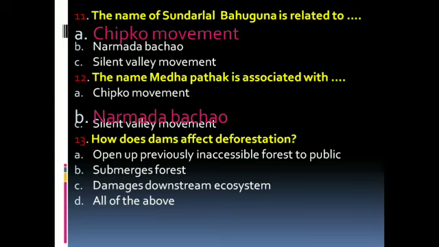So against that, the Narmada Bachao Andolan was taken up, and the name of Medha Patkar is associated with it.